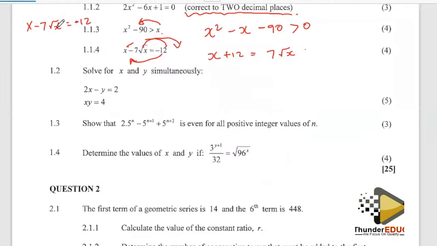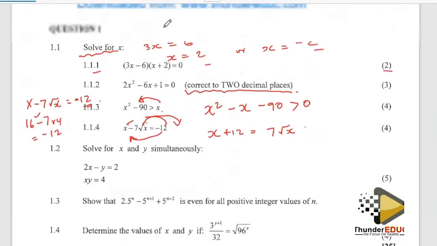If I replace that with the 16, that's going to be 16 minus 7 times the square root of 16, which is 4. So what is 16 minus 7 times 4? I'm getting negative 12, which corresponds with what I have on the right-hand side. So 16 is fine.